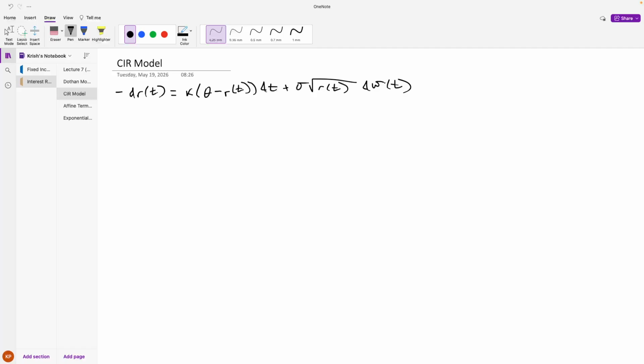This is much closer to what the Vasicek dynamics was, right? We have this component of mean reversion here. The only difference is that we have the square root of RT for our Brownian noise.